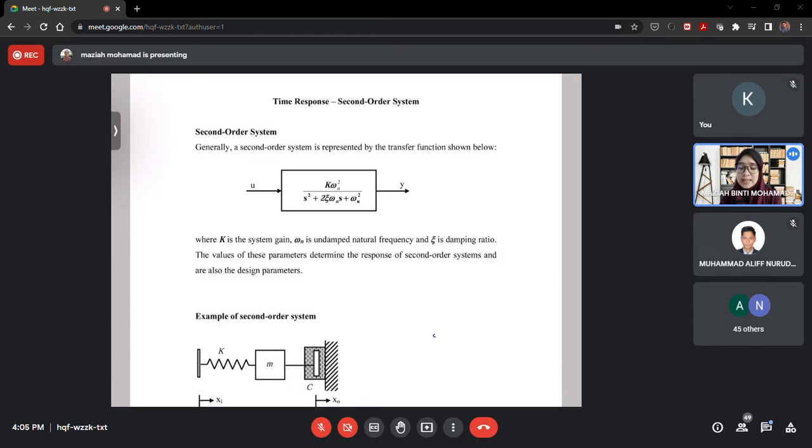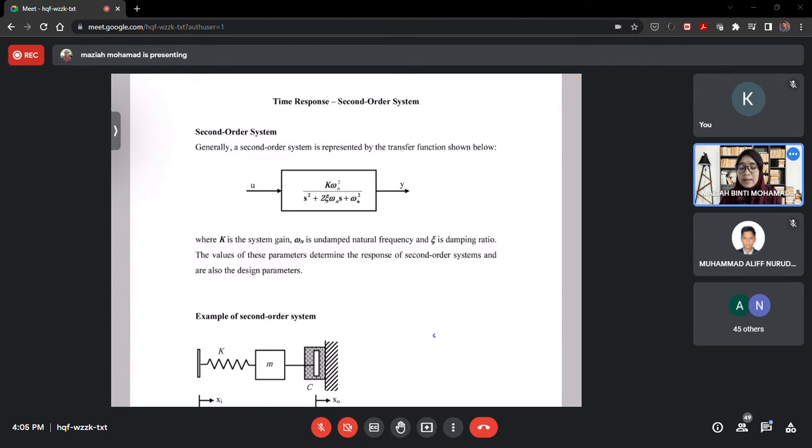First we start with the general transfer function for a second order system. The transfer function is given by k omega n square over s square plus 2 zeta omega n s plus omega n square. Looking at this, there are three parameters. k is the system gain, which is the same as the k in the first order system.